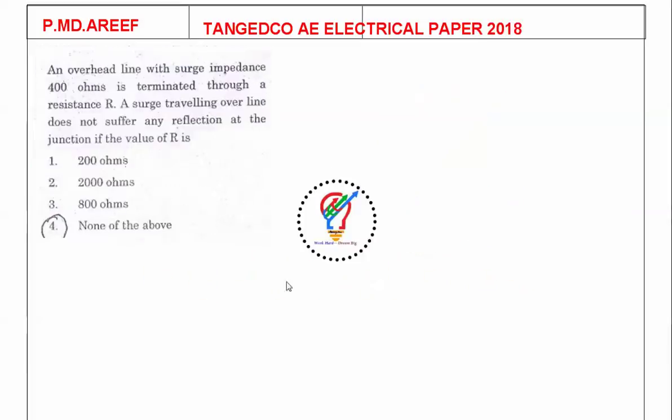Next question. An overhead line with a surge impedance of Z equal to 400 ohms is terminated through a resistance R. A surge traveling over the line does not suffer any reflections at the junction if the value of R is.